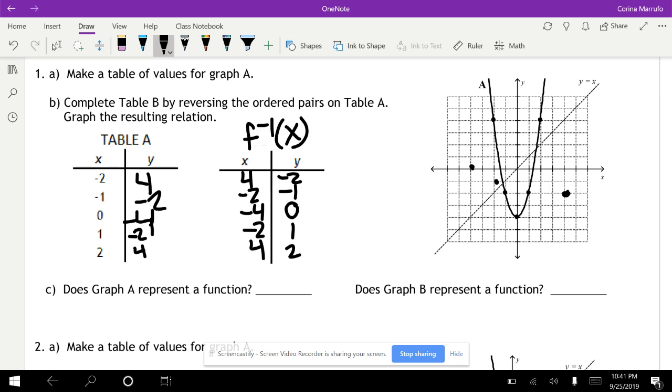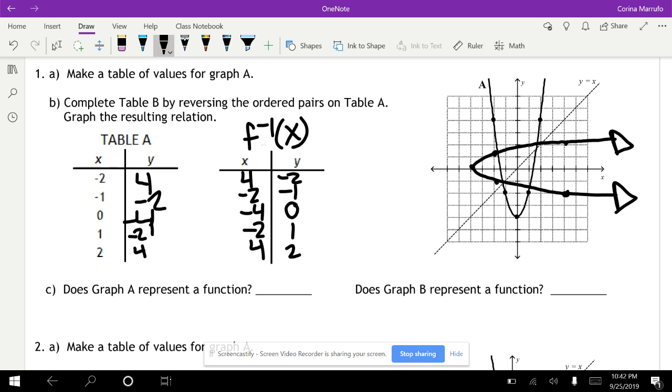And then -2, +1. And then 4, 1, 2, 3, 4, +2. And so I am going to connect these dots, and this is what it looks like. So it looks like our parabola kind of spun around a little bit.